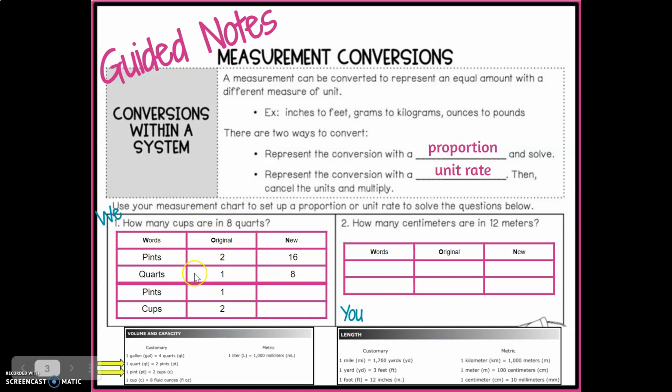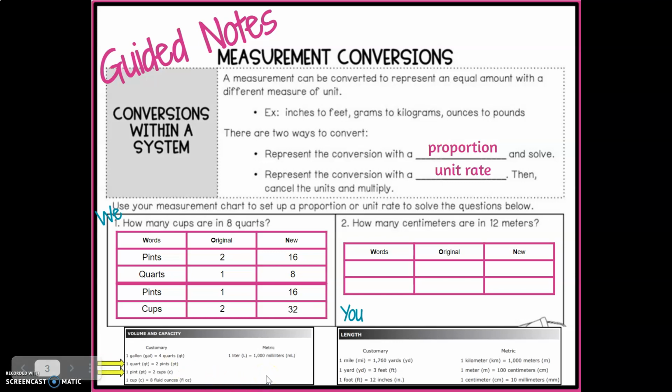Notice the original amount: we took the information from our reference chart. We haven't used the information up here until we get to the new amount that we're looking for. Okay, so my pints, that number is going to come from here. And now my cups, I need to figure it out. Again, I have a unit rate right here, 2 cups to 1 pint. So I'm just going to multiply 16 times 2, which is going to give me 32.